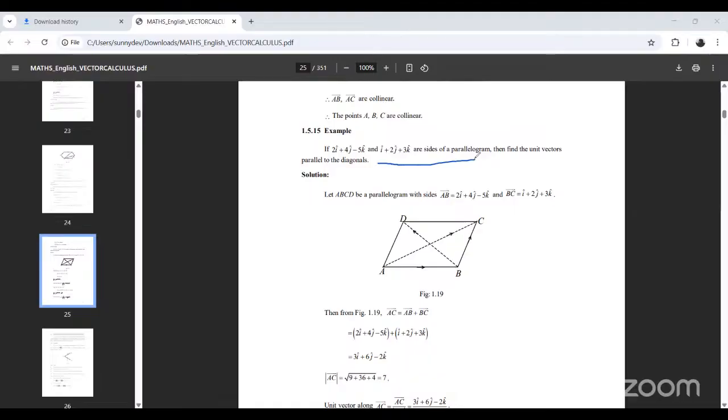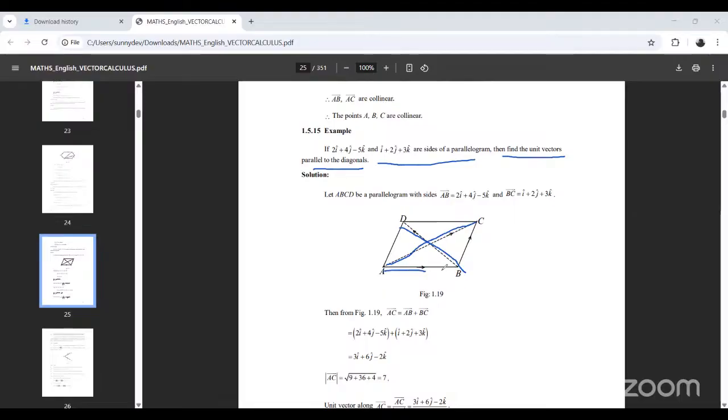ABCD is the parallelogram with sides AB and BC. They are asking to find the unit vectors that are parallel to the diagonals. So these are the diagonals, AC and the other. So how can we find AC? AC means AB plus BC.